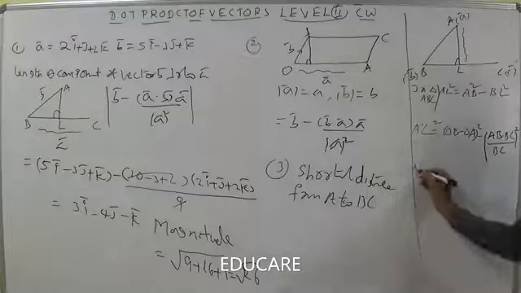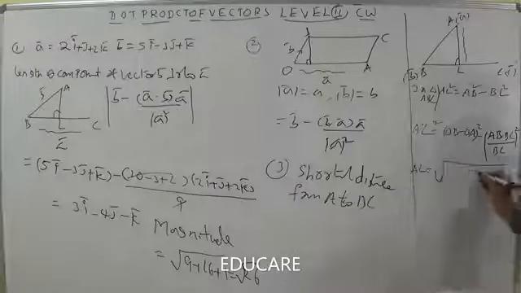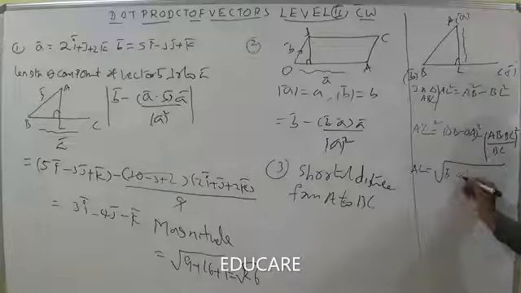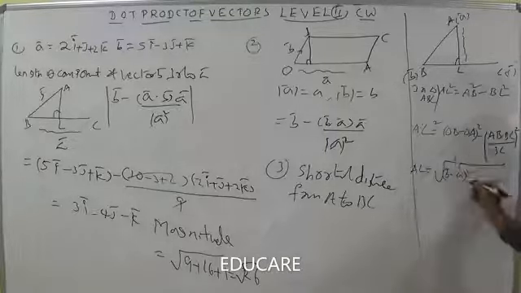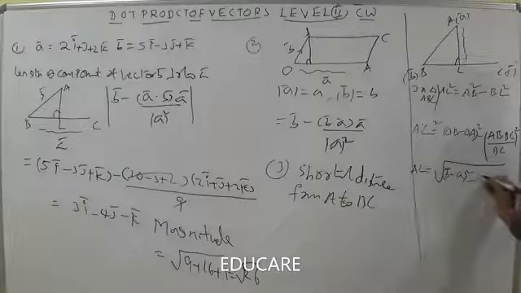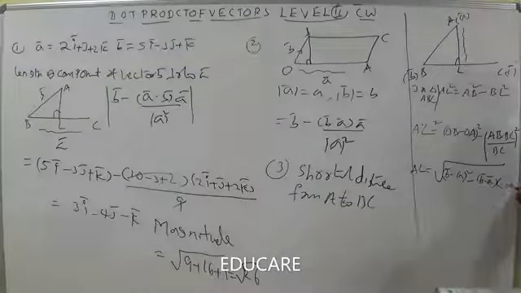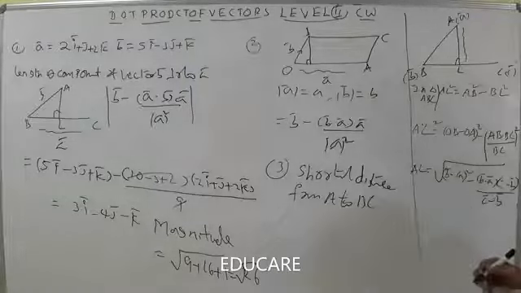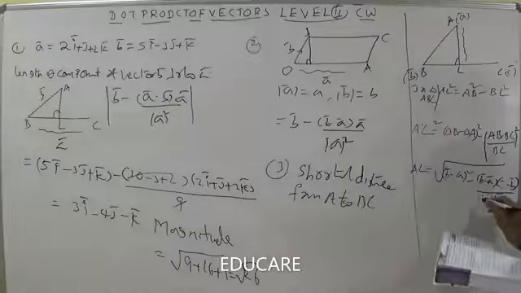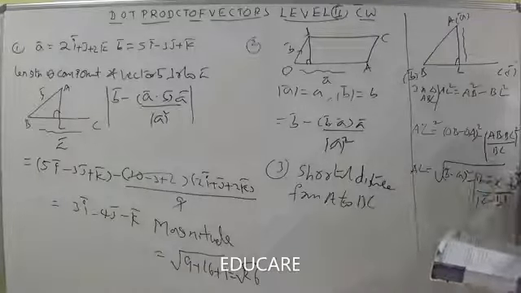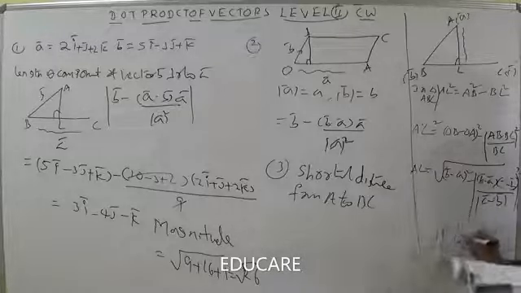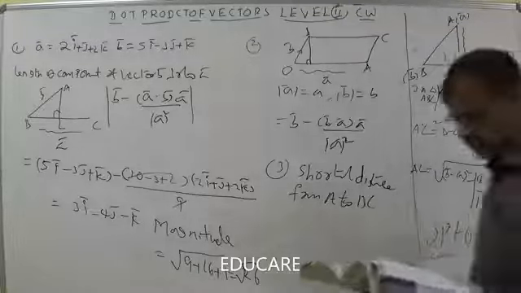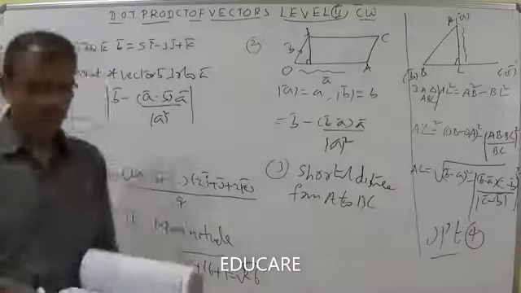Now, using the options, AL is equal to, using the position vector concept, B bar minus A bar whole square minus B bar minus A bar dot C bar minus B bar, whole divided by C bar minus B bar, all squared with modulus. According to the option we got the answer. Option 4 here, verified. Fourth option for the third question.